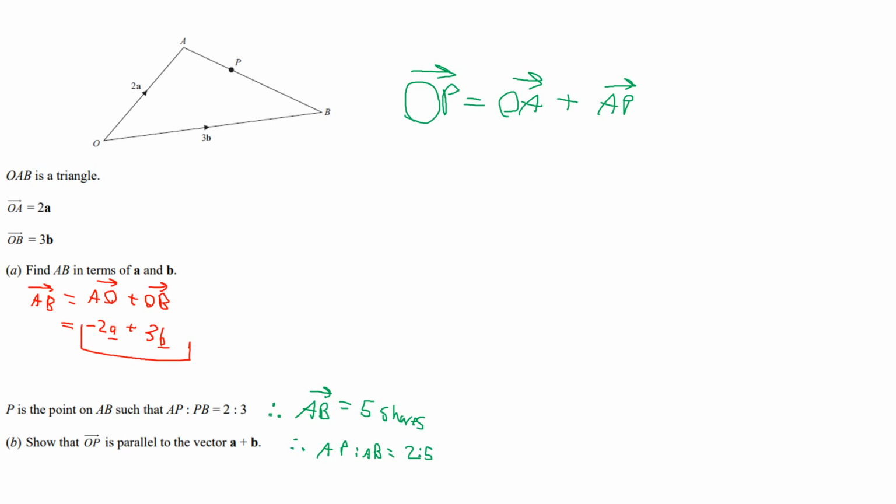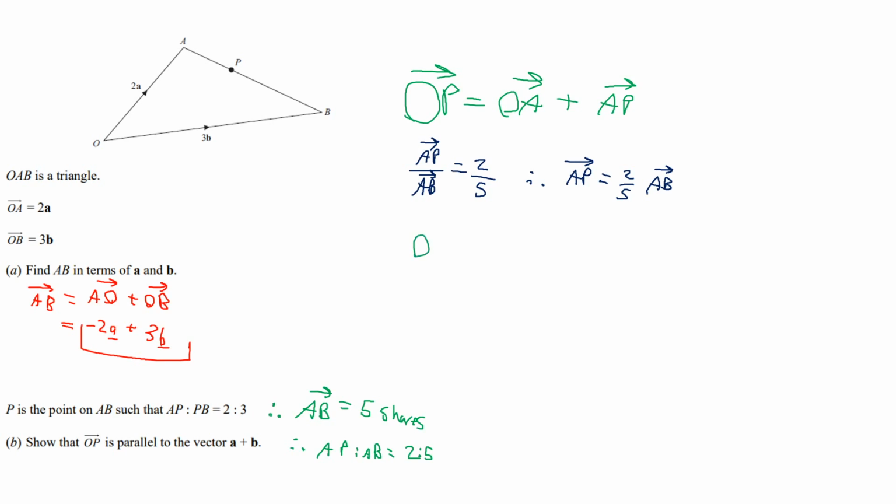And the easiest way we can use that to our advantage is we can say, I'm going to do this in a different color again, AP over AB is equal to 2 over 5. And so therefore AP is equal to 2 over 5 times AB. Rightio, let's try and work it out from here.